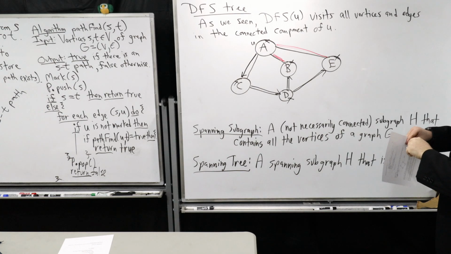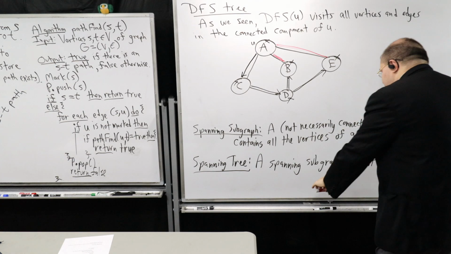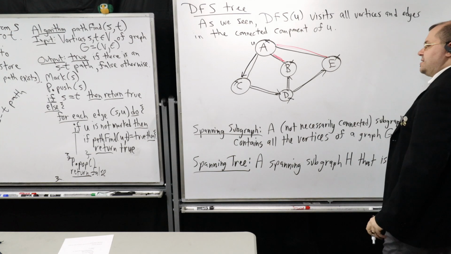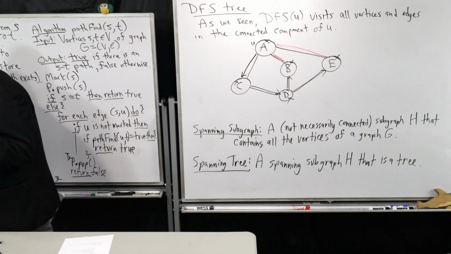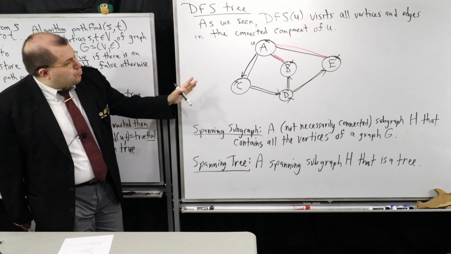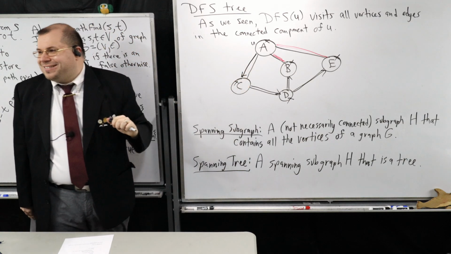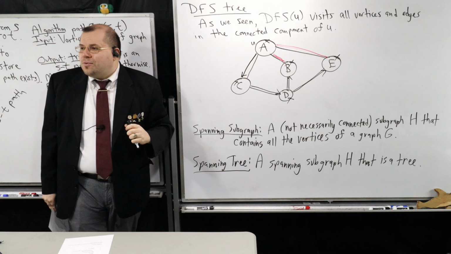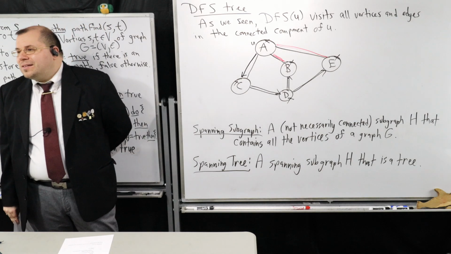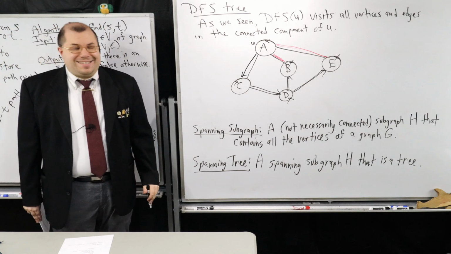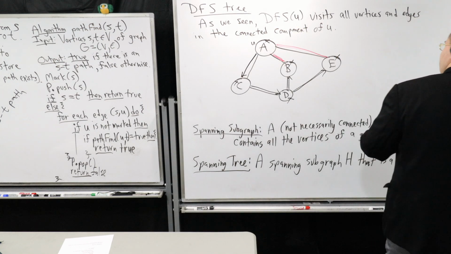So the question I have for you is what structure are we looking at if you look at the black edges, the discovery or forward edges? What kind of graph, if I ignore the red edges, what would I call this? It's a tree, exactly. So notice the discovery edges form a tree.